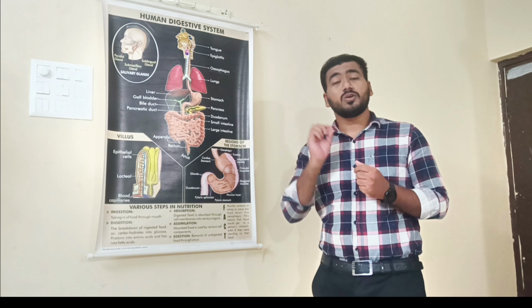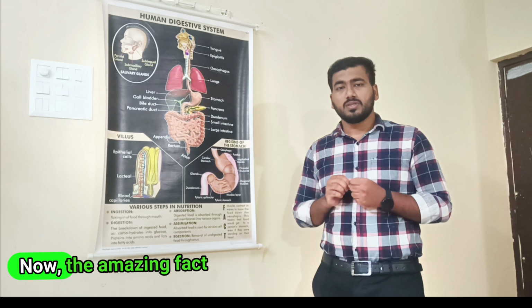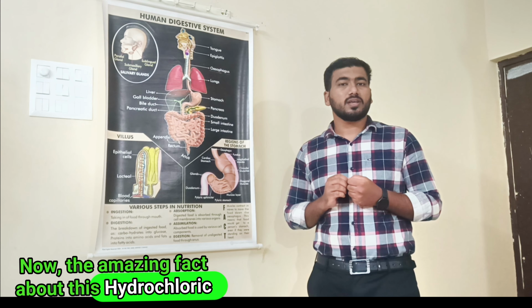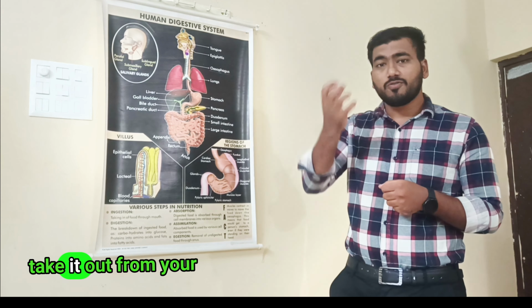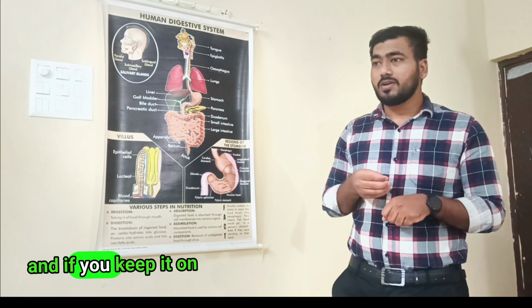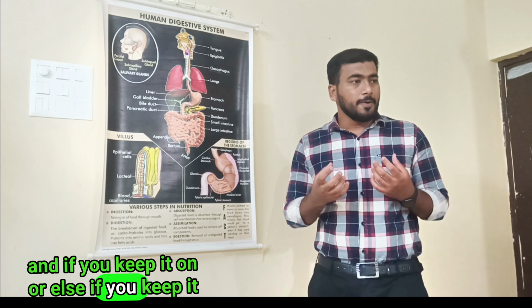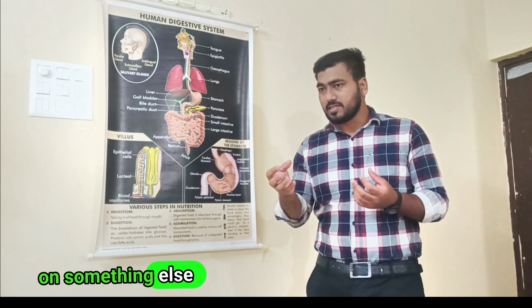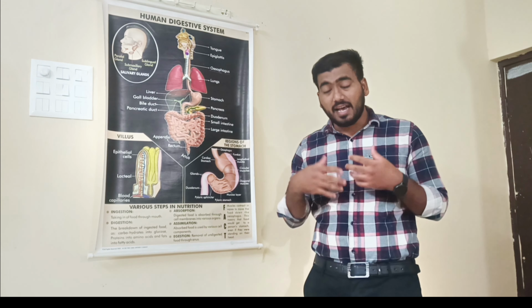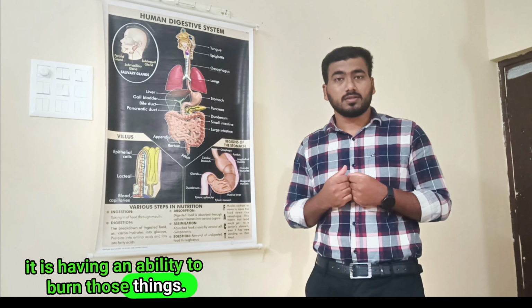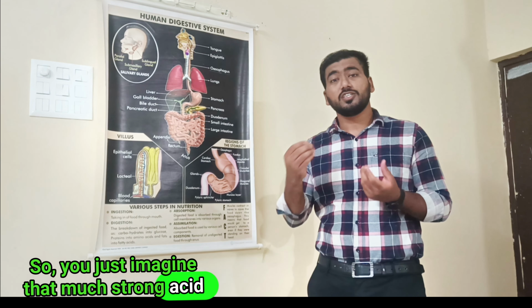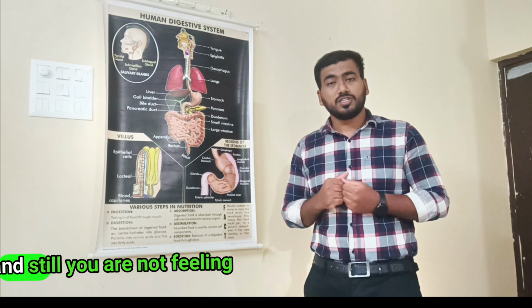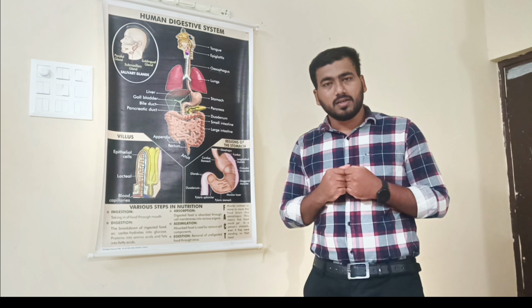The amazing fact about this hydrochloric acid is that it is so strong that if you take it out of your stomach and keep it on something else, it has the ability to burn those things. So just imagine that such a strong acid is present in your stomach and still you are not feeling anything.